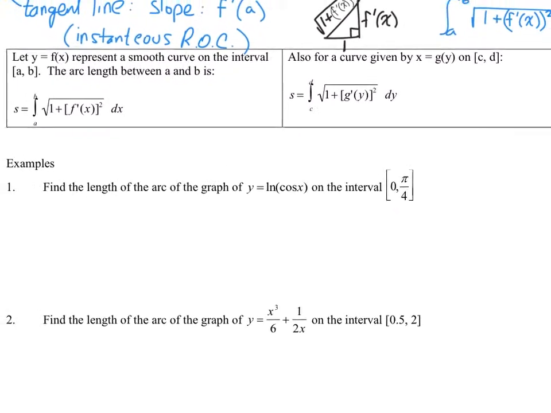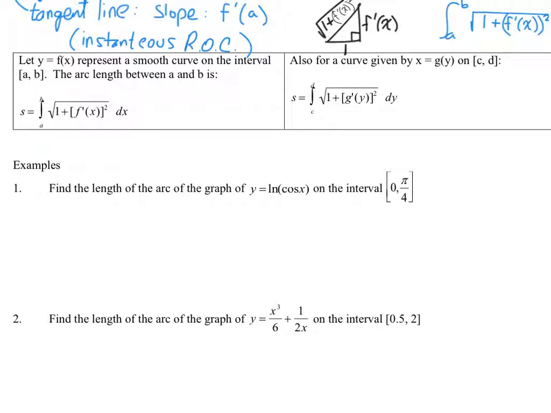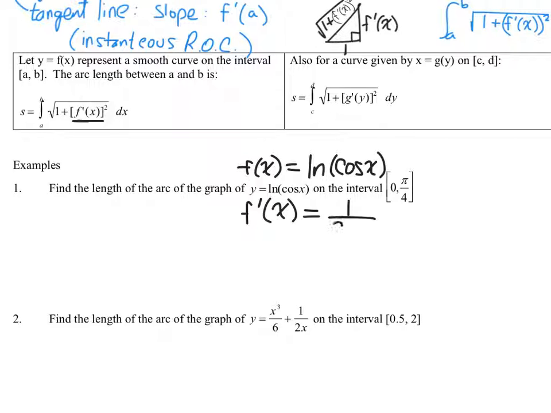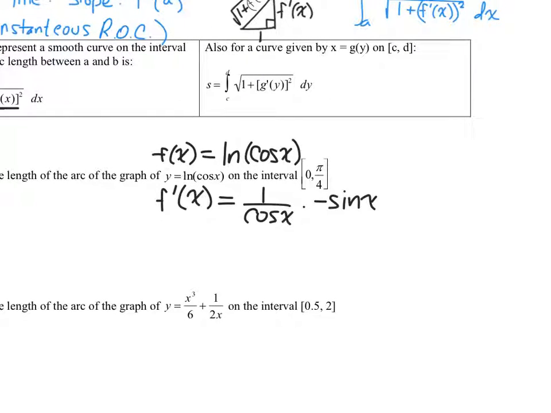So it's actually something to look forward to, because there's no trick to it. It's just follow the formula. The first thing I would need is f prime of x. If we assume that f of x is equal to the natural log of the cosine of x, then f prime of x is 1 over cosine times negative sine, which equates to negative tangent when you clean it up.